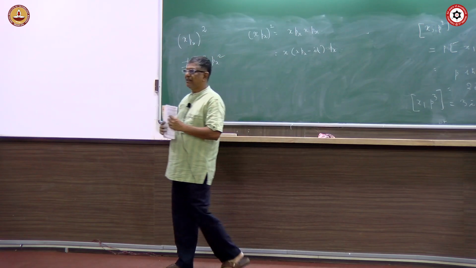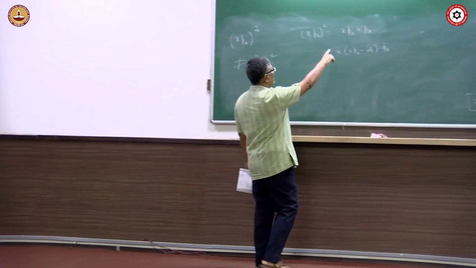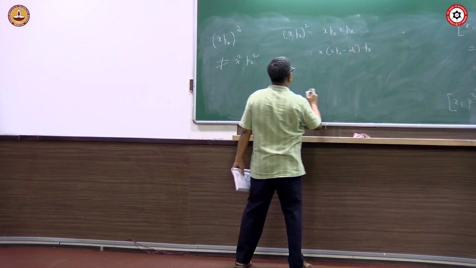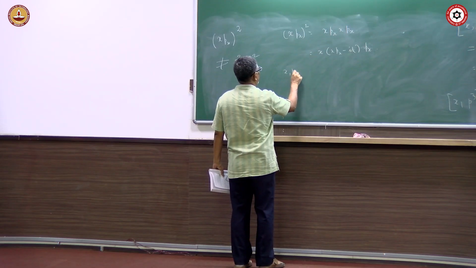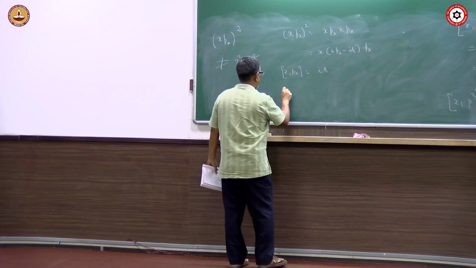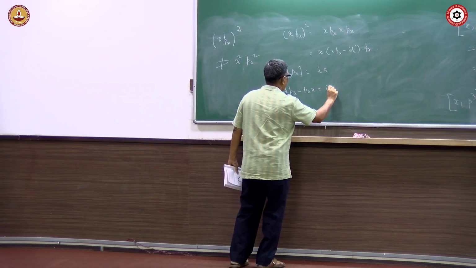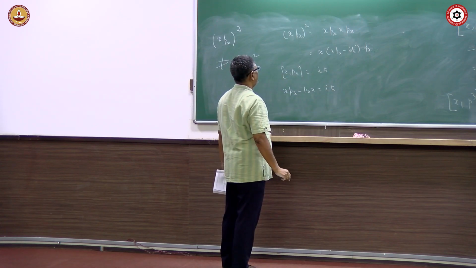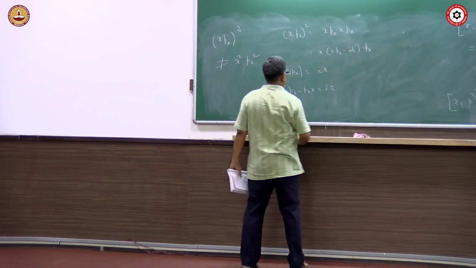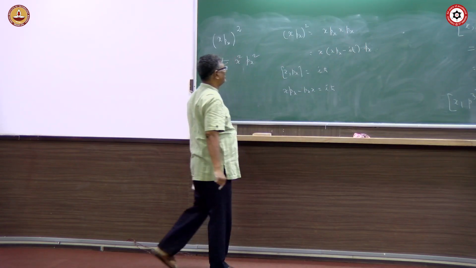Alright. Here I am using the commutator of x comma p_x equal to iħ: x p_x minus p_x x equals iħ. I am using this p_x x in terms of this, and then writing that.